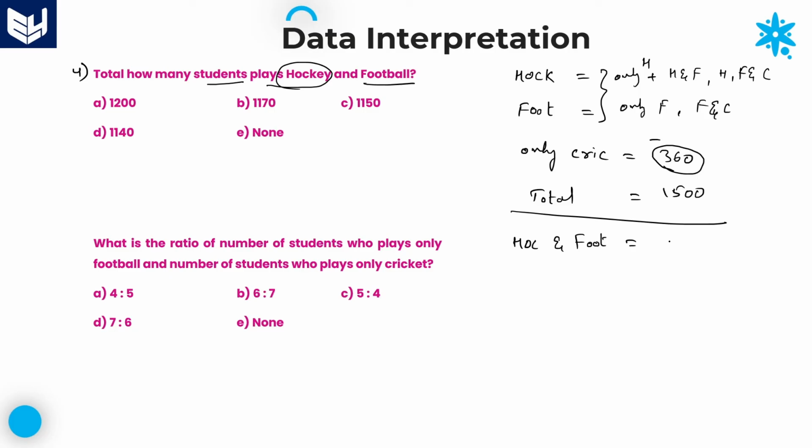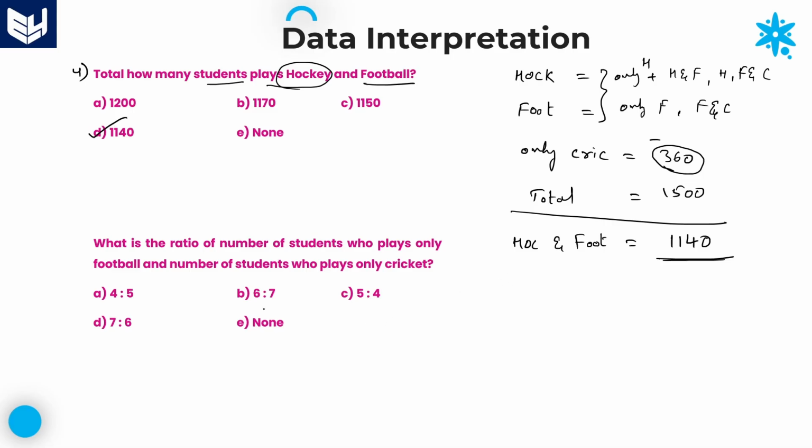That is 1140. That is the difference between total number of students and only cricket, which gives you the number of students who are playing hockey and football. That is 1140. Among the options, option D is the right answer for this question.